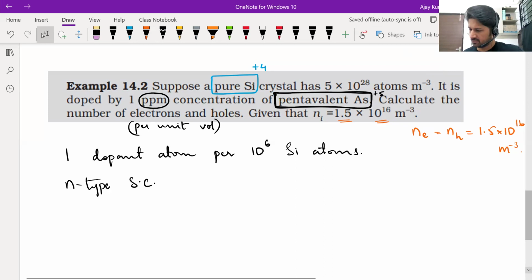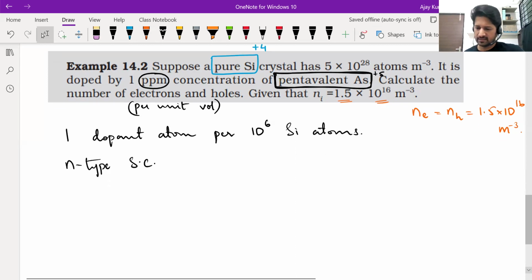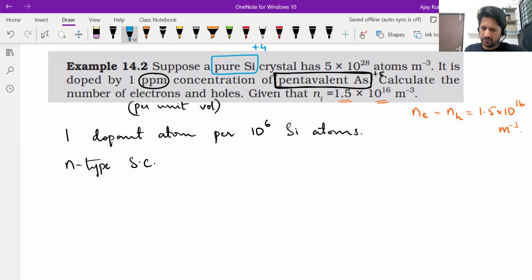See, you are given Ni, intrinsic charge carrier concentration, and you are asked to calculate Ne and NH after doping. Now we have only one equation, NeNH is equal to Ni square. Ni is given to us, so we know the right hand side of this equation, but on the left hand side there are two unknowns. After doping, electron concentration and hole concentration will both change.